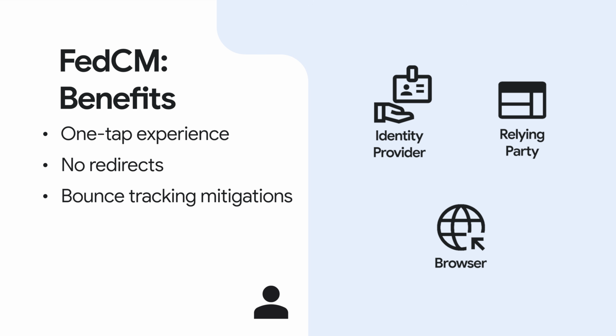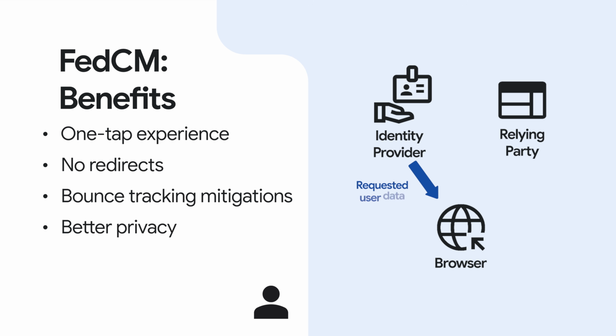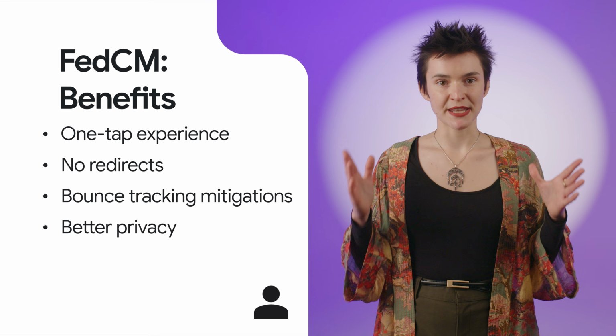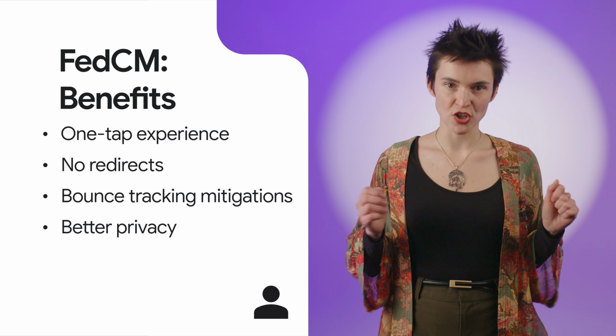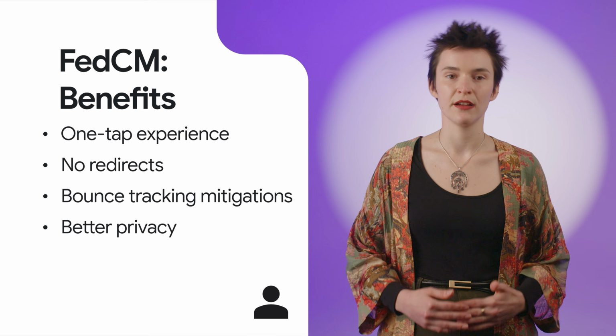FedCM is a better solution for privacy than conventional identity federation solutions. First, the information is only exchanged between the relying party and the identity provider after the user explicitly chooses to sign in with the identity provider on the relying party. Additionally, the FedCM team is experimenting with the so-called delegation model that significantly enhances the privacy property of this API.